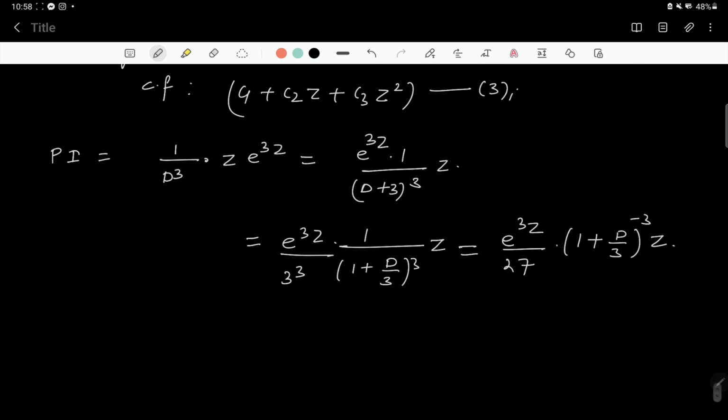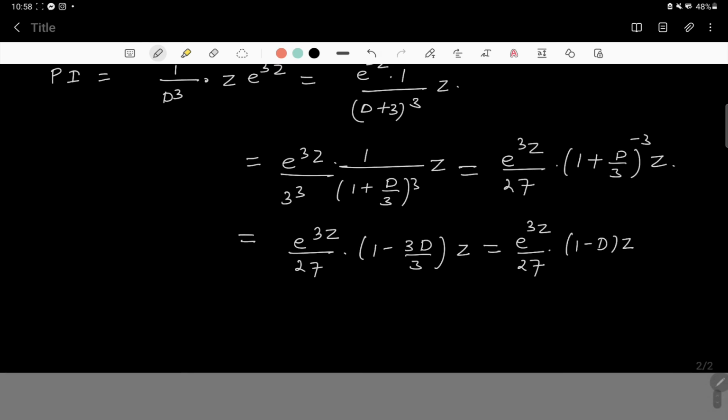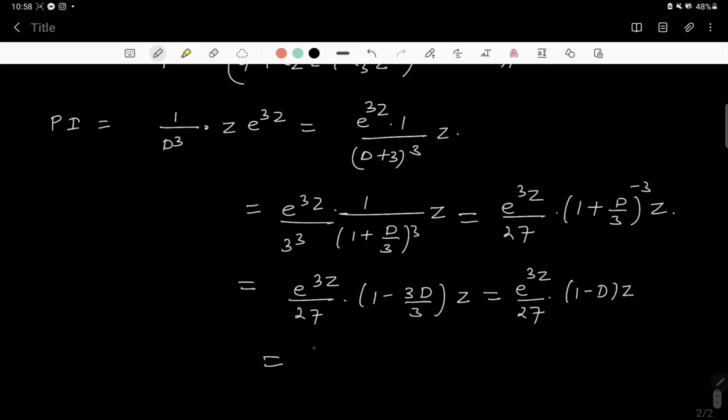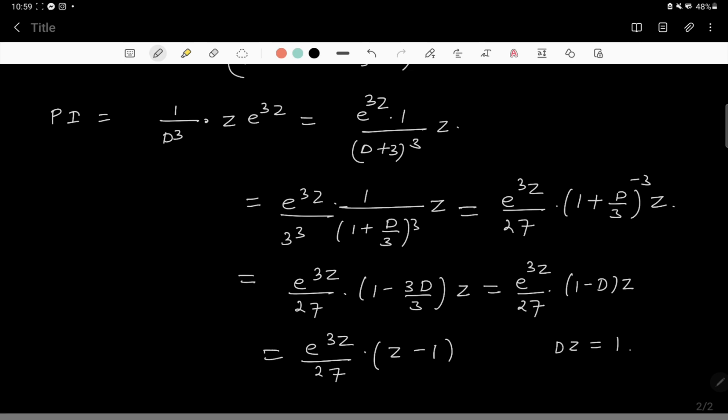You observe that the power of z is 1, so it will be expanded only up to 1 term. So it will be exponential 3z upon 27 times (1 minus 3D by 3) of z, that is (1 minus D) of z. Now operating on z with the bracket, we get exponential 3z upon 27 times (z minus 1), because Dz is equal to 1.